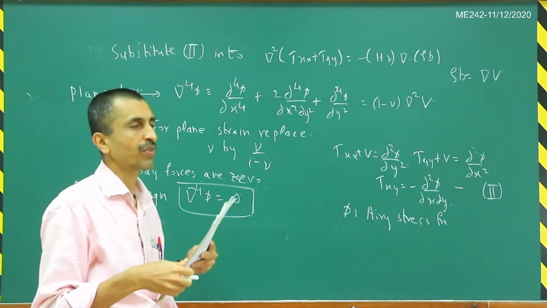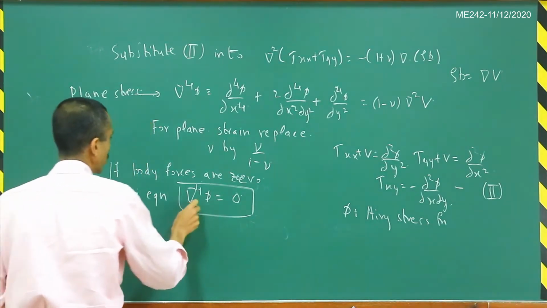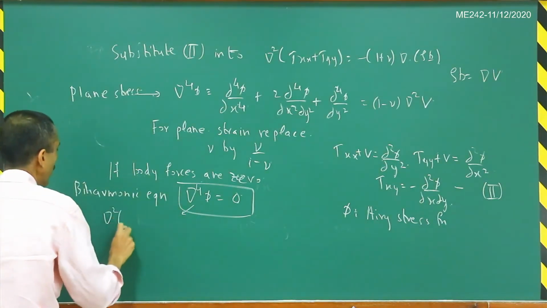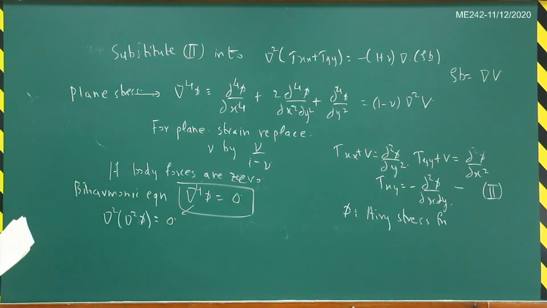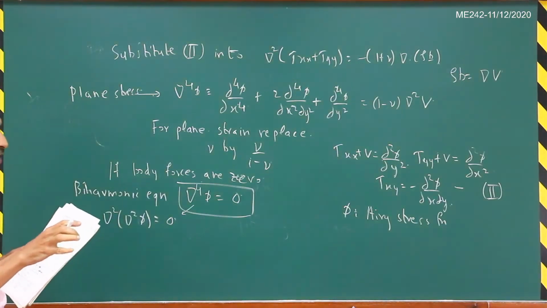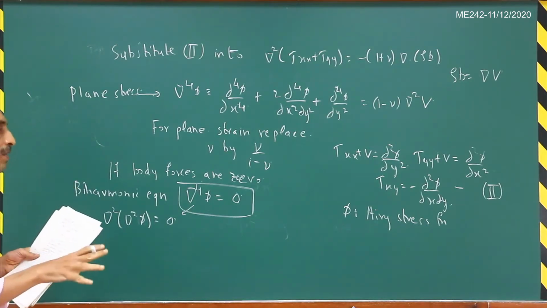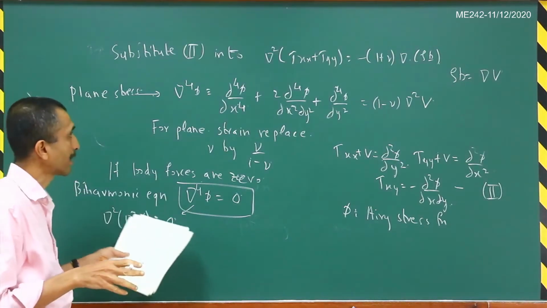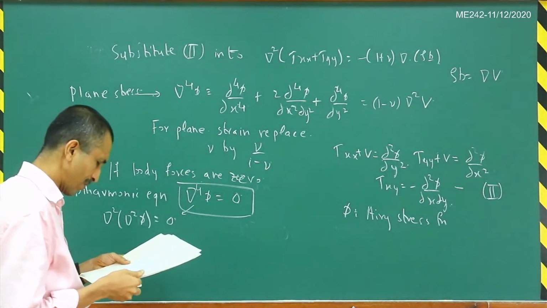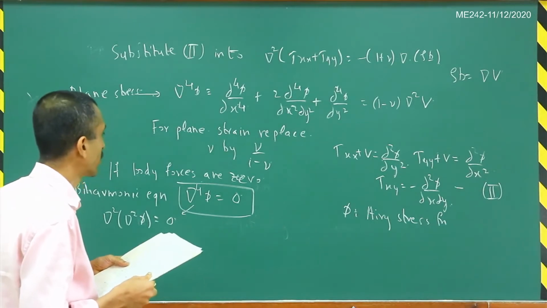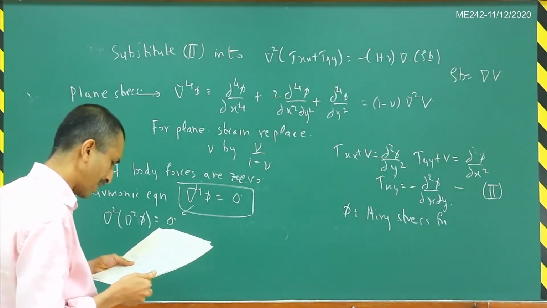Here, since del raised to 4 phi is 0, you can also write this as del square of del square phi is equal to 0. That is, first you operate on phi with the del square operator, and then whatever you get, you operate once more with the del square operator, and then you will get del raised to 4 phi equal to 0. If body forces are the weight, for example like gravity, then also you will get the same thing.